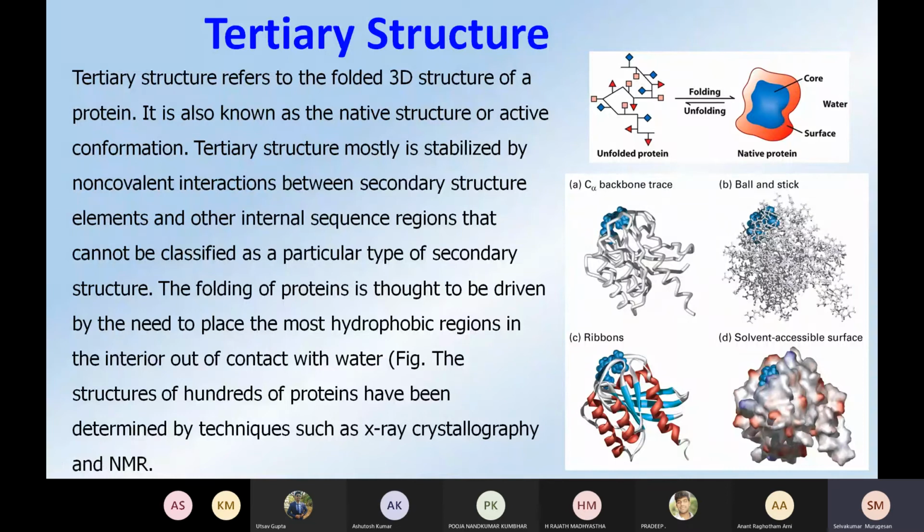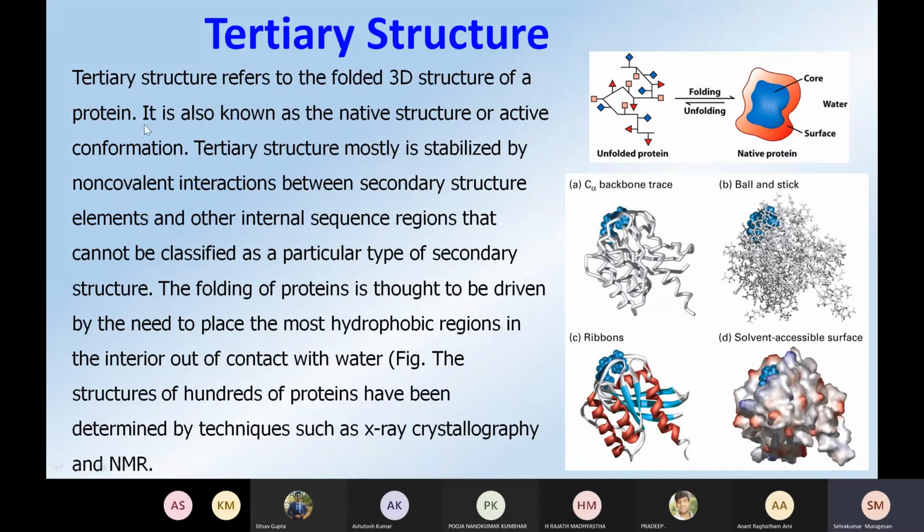Once you mix them, they may dissolve or they may not dissolve. There will be a saturation limit, and once the saturation limit is exceeded, they will not dissolve at all. As a result, they start to fold, meaning they start to aggregate and form these kinds of structures.